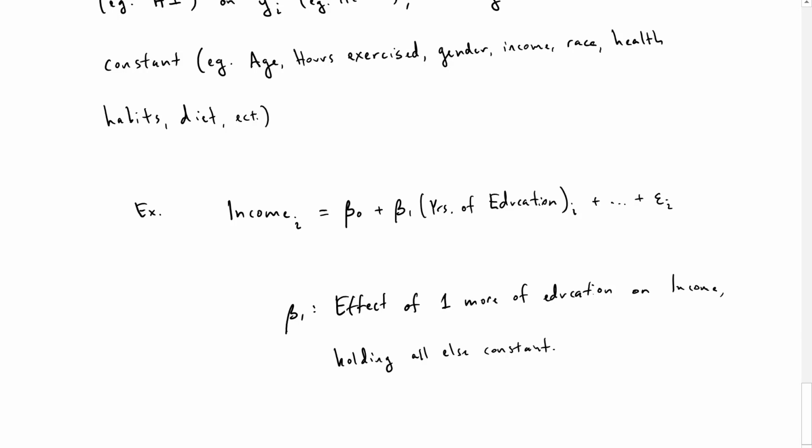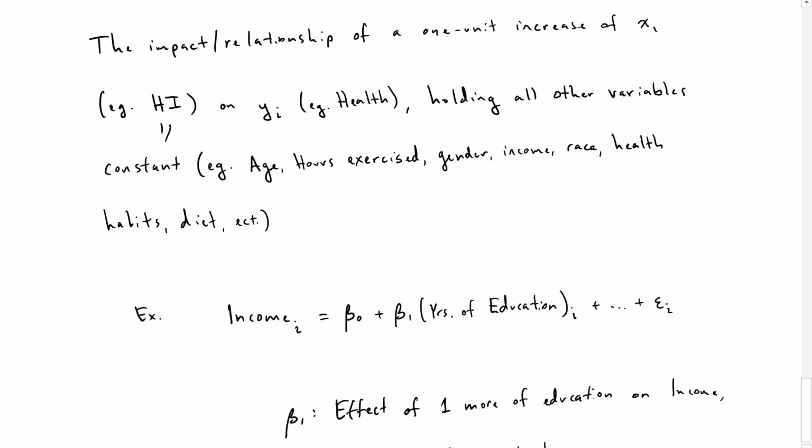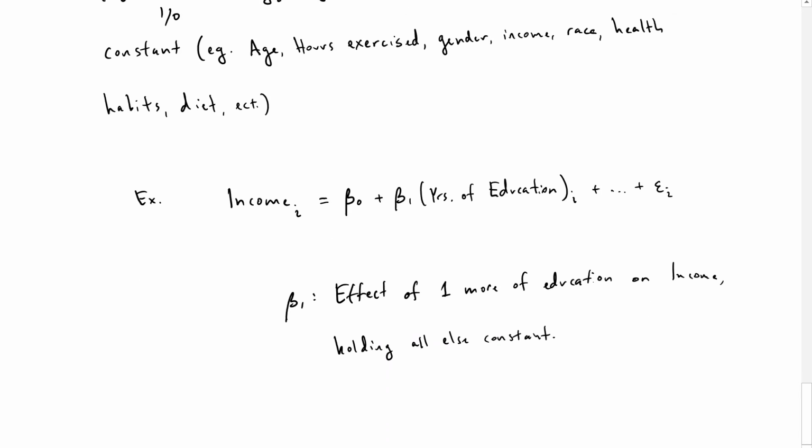Here this could be more of a continuous variable instead of a discrete 1, 0 as we would have in health insurance. This could be like going from 11 years of education to 12, or from 15 years of education to 16, right? So this beta 1 goes along with a continuous variable, and it could be discrete or continuous, and that's part of the design of the regression equation.